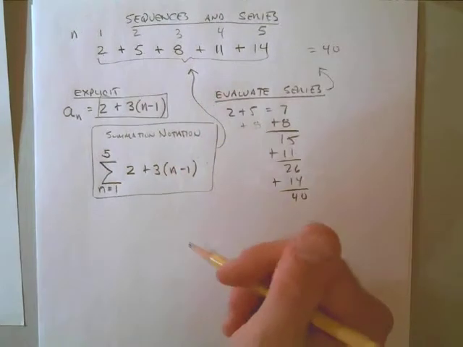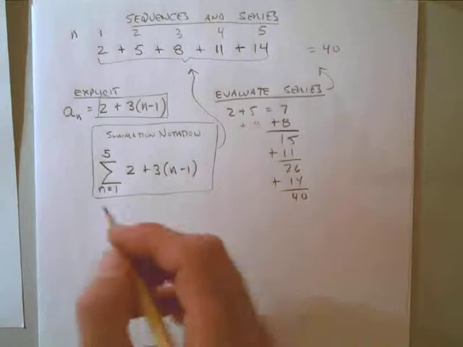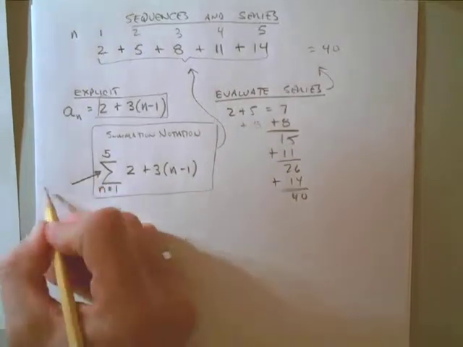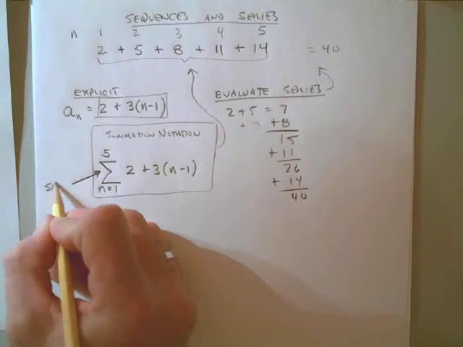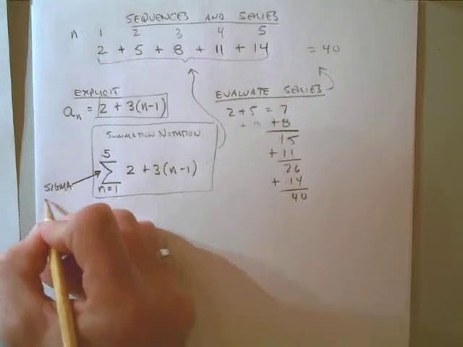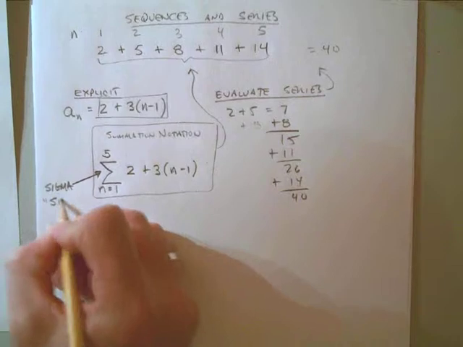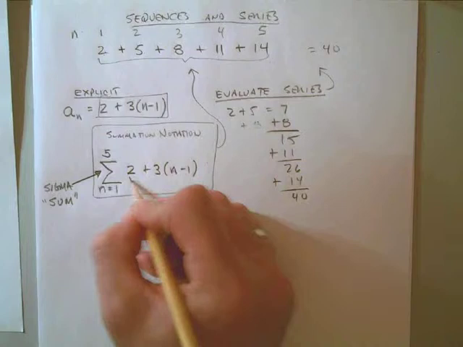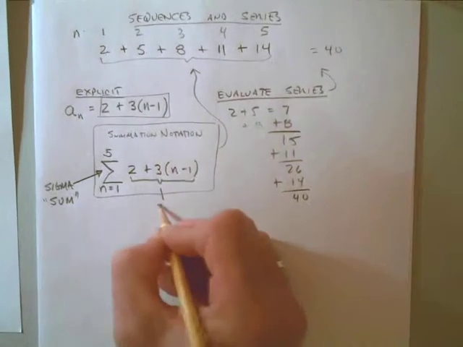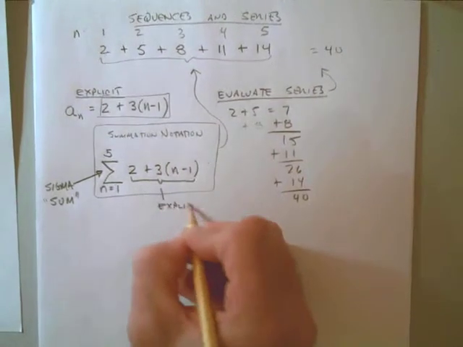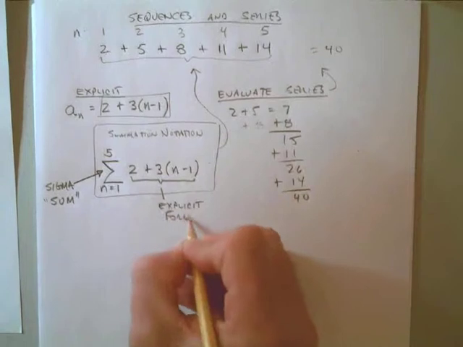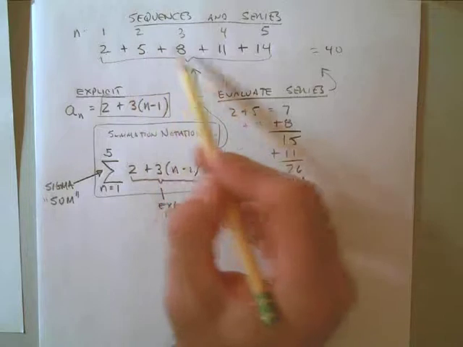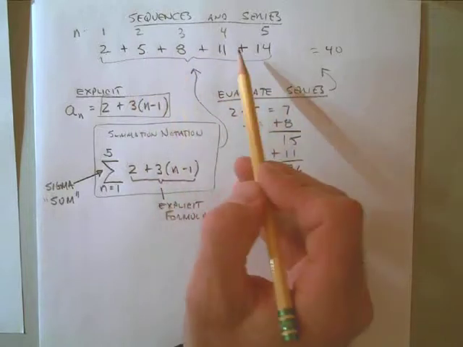Okay? So, here's what we know. This symbol is the Greek letter sigma, which means sum or add together. This is the explicit formula for the sequence of numbers that we are adding up as a series.